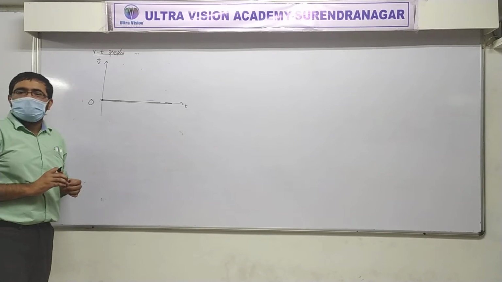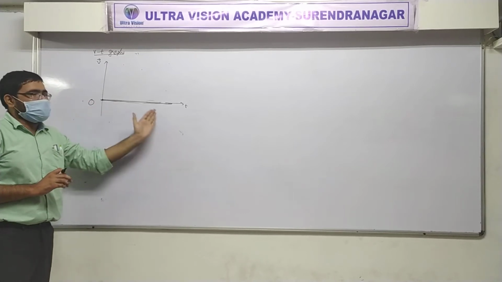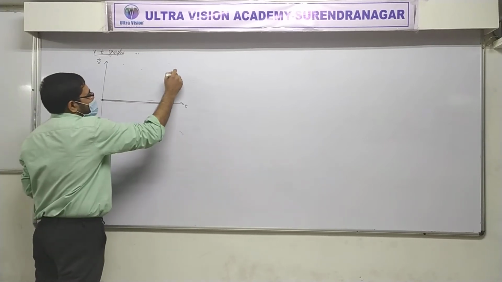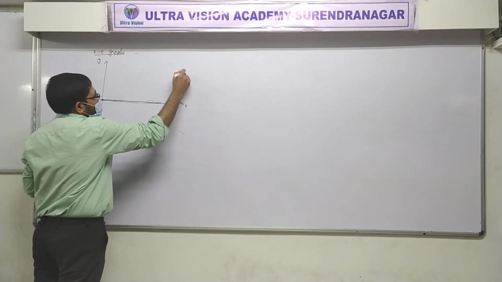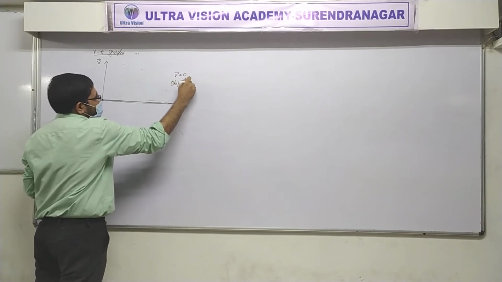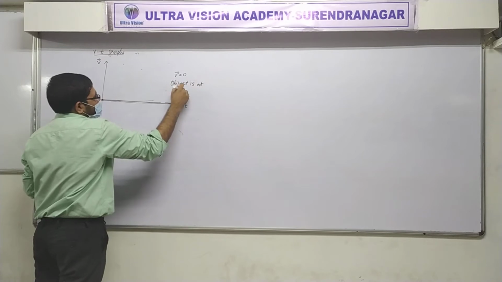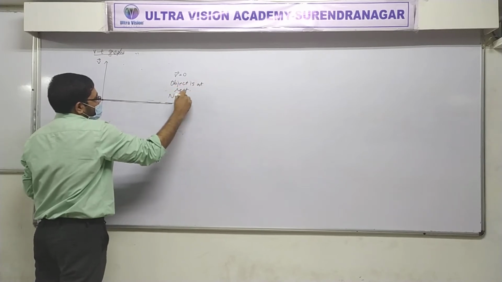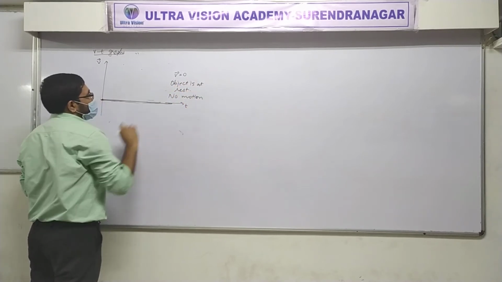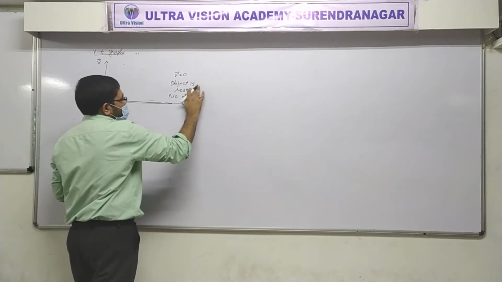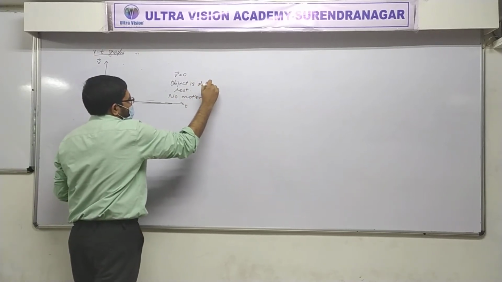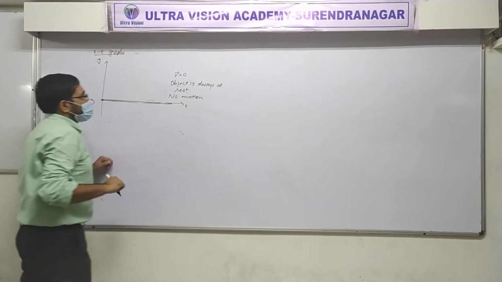Why so? Because velocity is always zero. This would mean velocity is always zero, object is at rest. No motion going on basically. Object is always at rest. Please write it down.